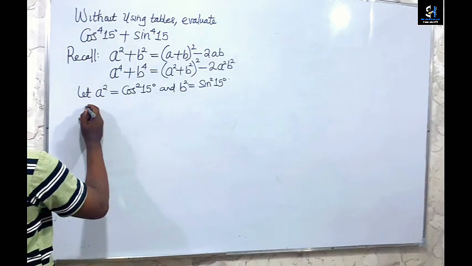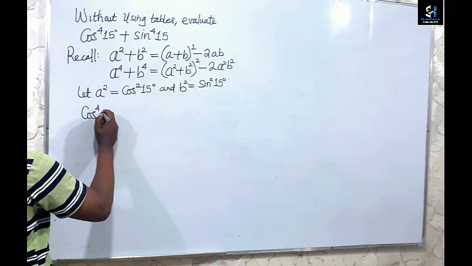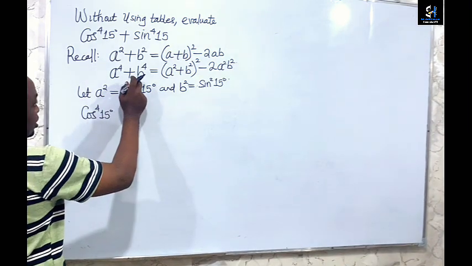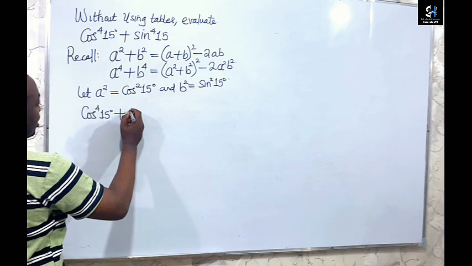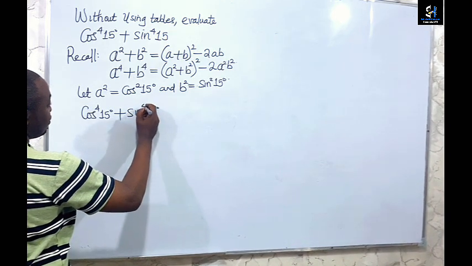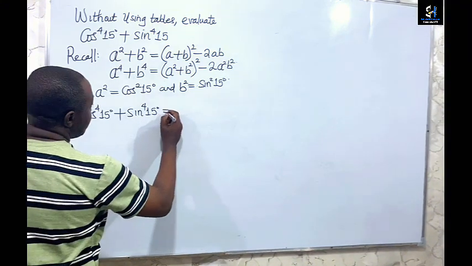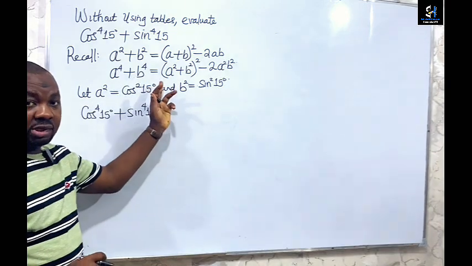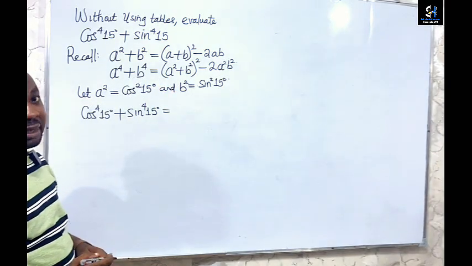So cos 15 degrees raised to the power of 4 plus sine 15 degrees raised to the power of 4 will be equal to, remember, I introduced two algebraic identities.